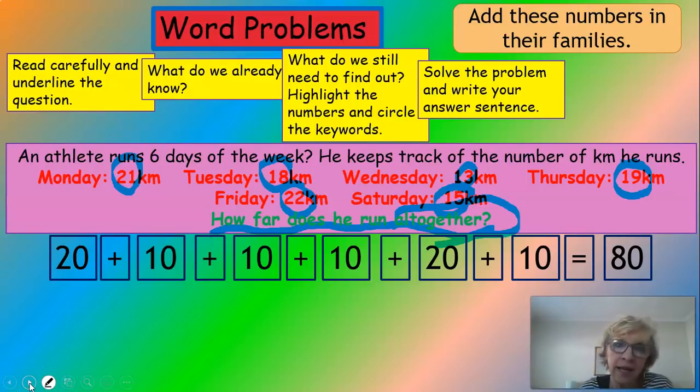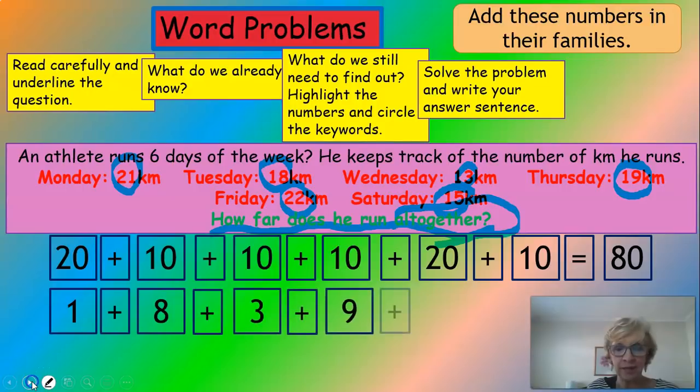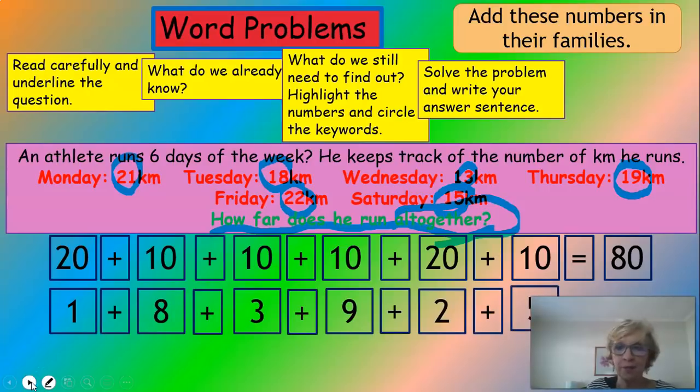Now let's add the next part of the family, which is the ones, or the units. So 1 plus 8 plus 3 plus 9, something's going wrong with my cursor here, plus 2 plus 5 equals 28.